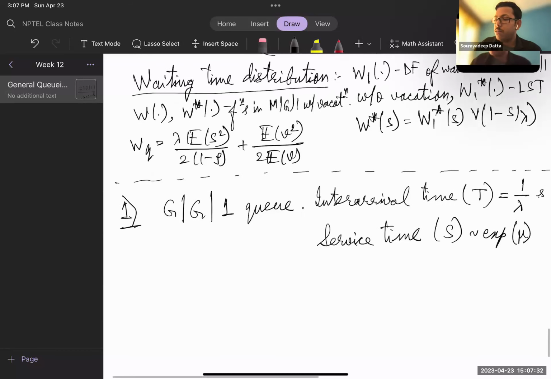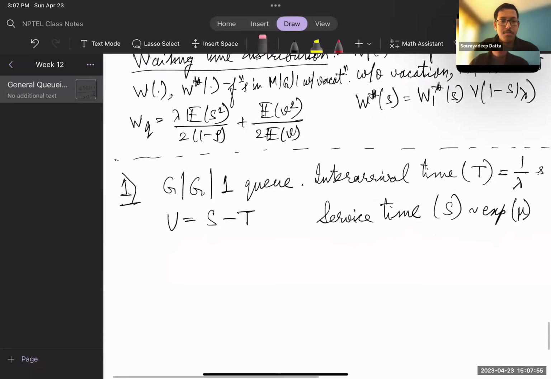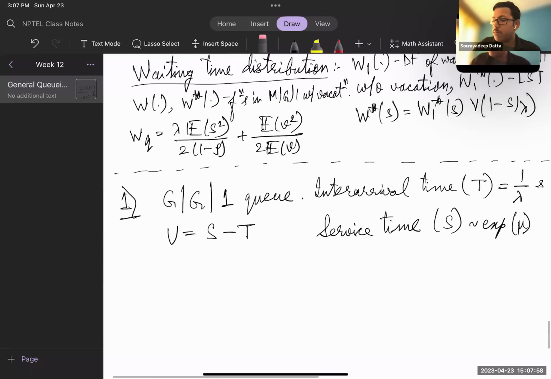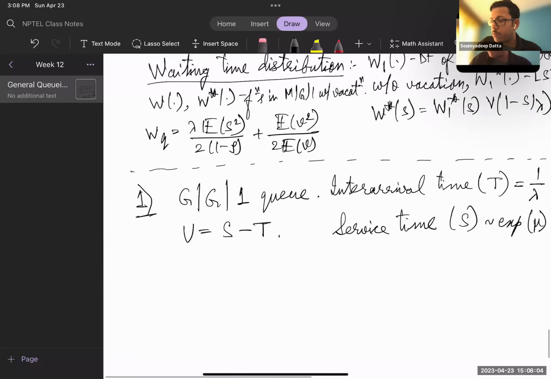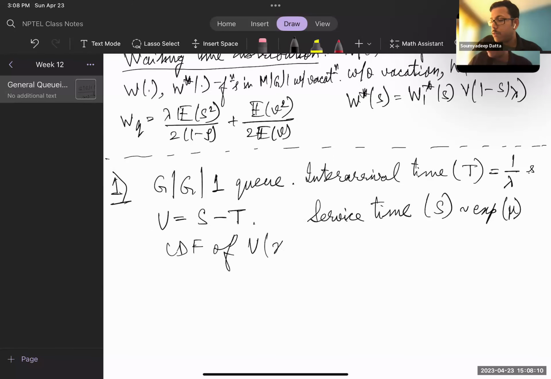So the question is, for the purpose of analysis of GG1 queues, there is this important variable which we analyze, which is U, which is service time minus the inter-arrival time, which essentially denotes the busy period. So the question is, what is the CDF of U as a function of X? And we have to find this value out.